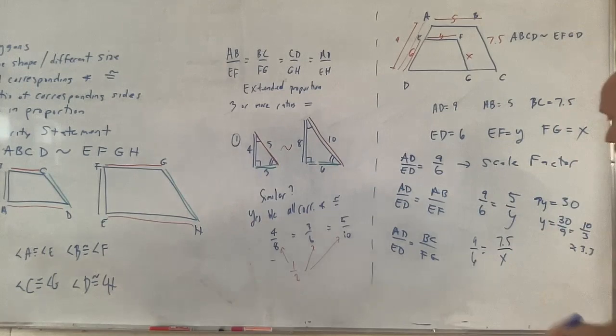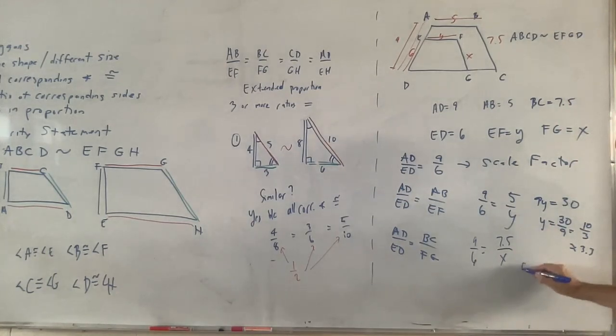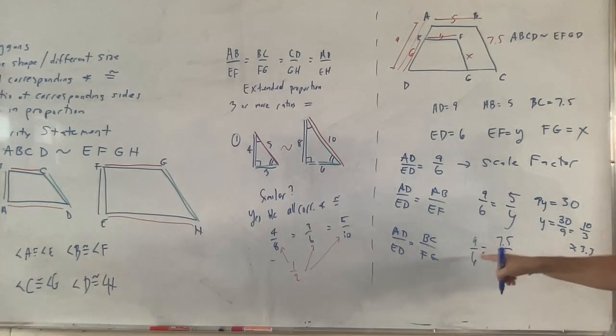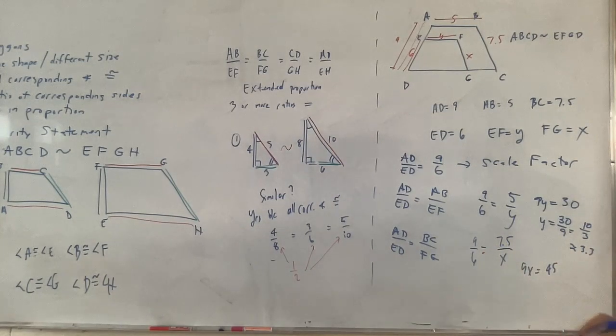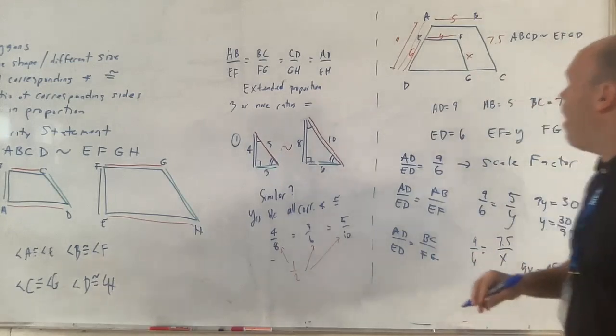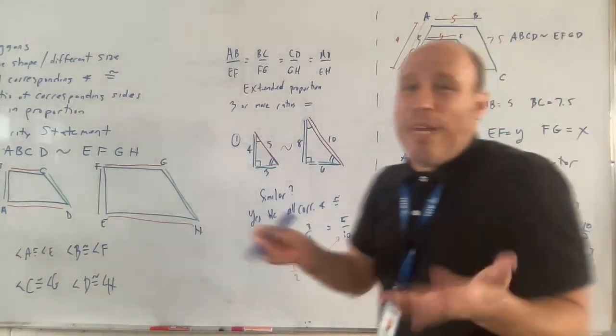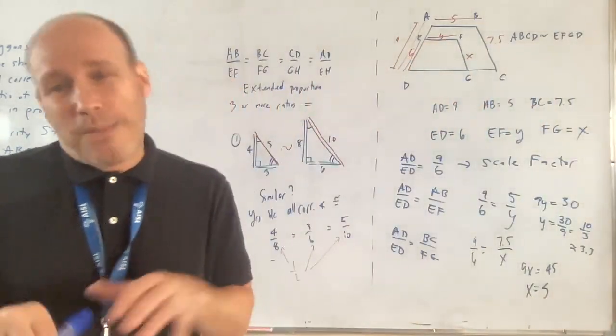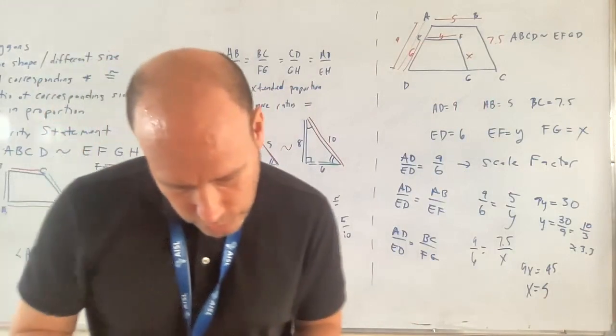Let's put this together. We have 9x is equal to 45, because 7.5 times 6 is 45, and that means x is equal to 5. Nice, interesting. We can't find the other sides because we don't know what the base is. That's not important. Good, let's move on.